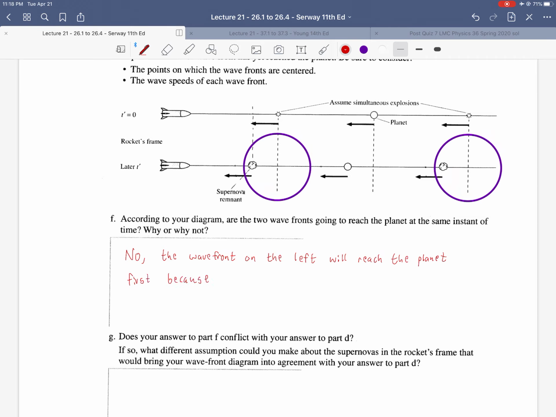Okay, and that's because, just to be clear, the planet is moving towards that wavefront, the one on the left, and of course away from the one on the right.